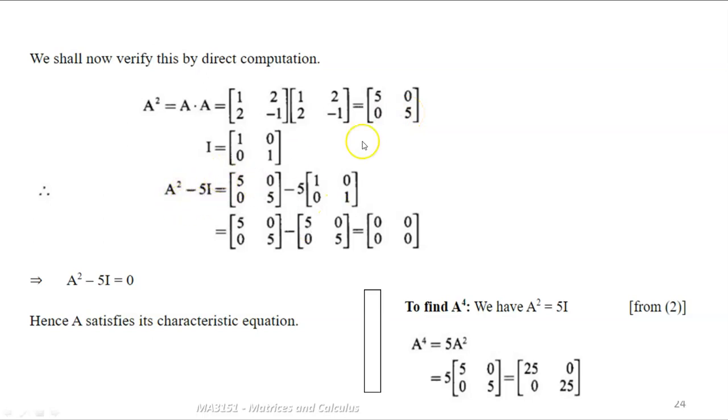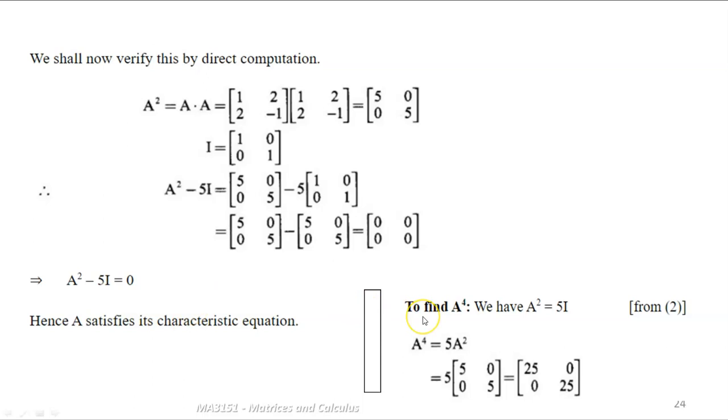Then you have to use this value in the equation A square minus 5I. Then we get 0. That is, the matrix becomes the null matrix. Therefore, we got the answer 0. That is A square minus 5I equal to 0. It says that the matrix A satisfies the characteristic equation. So we verified Cayley-Hamilton theorem.